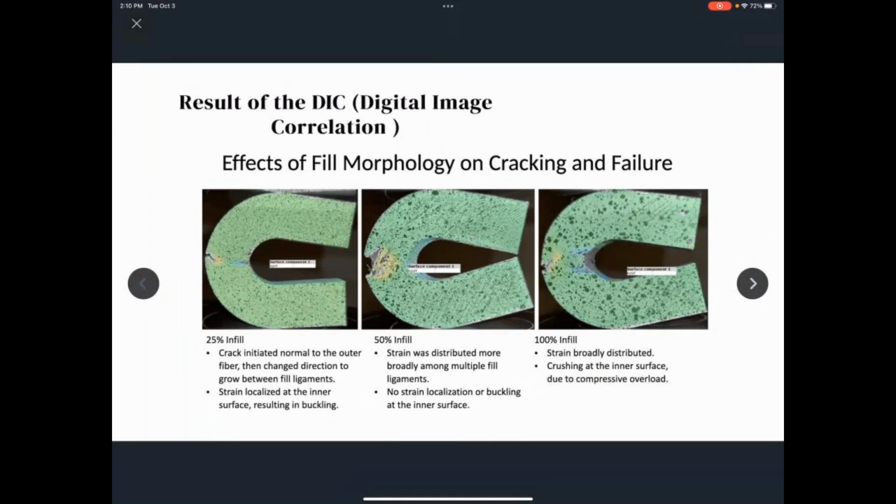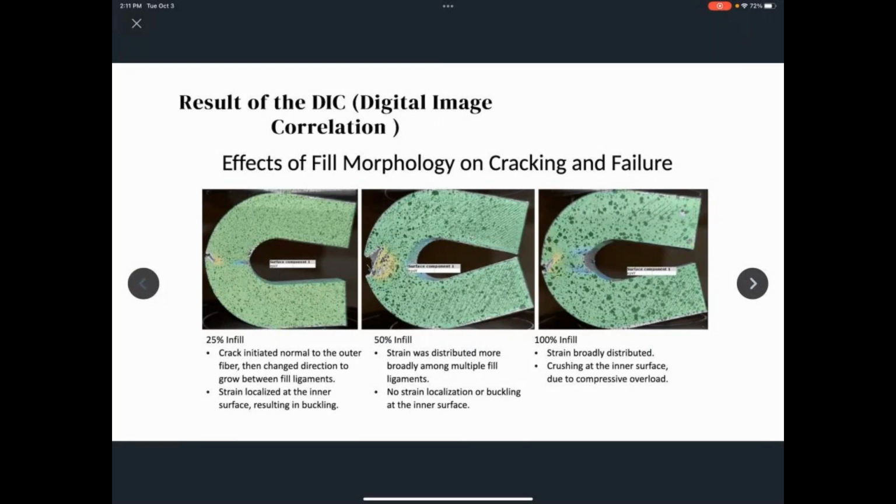Now we're going to go to the digital image correlation, which is very, very interesting. This is by using Instron compression testing as well as GOM software. First, we spackled our samples, and then by using Instron compression testing, we did the compression test, and by taking videos and pictures and using GOM, we could see the places where there are cracks as well as strain.